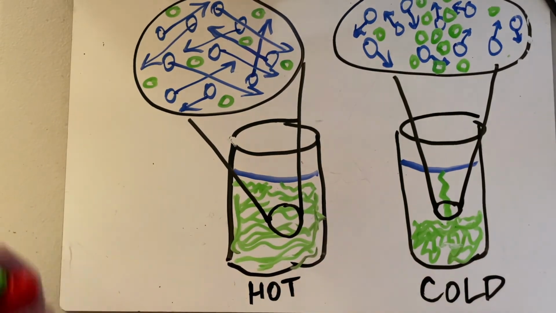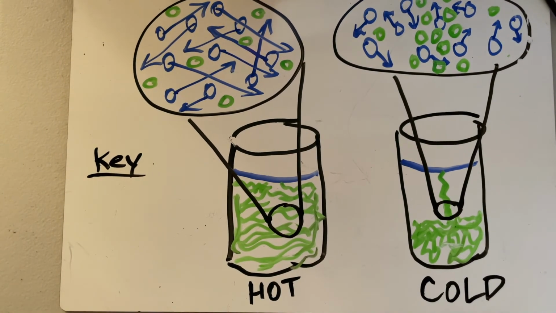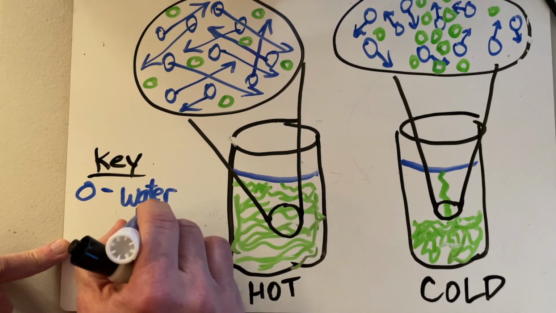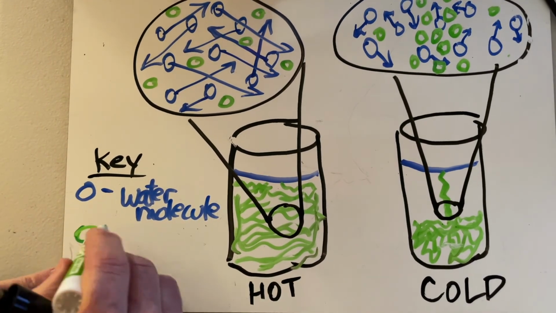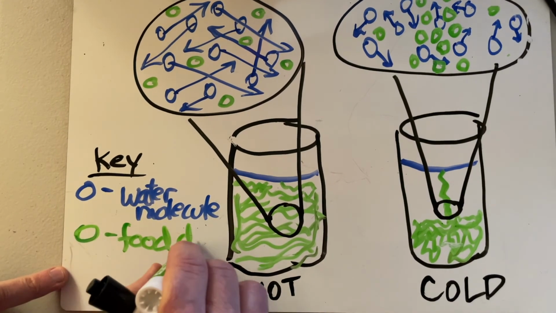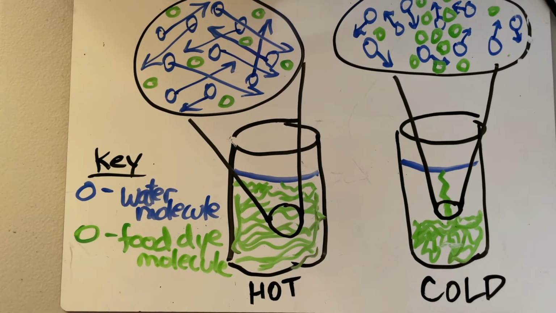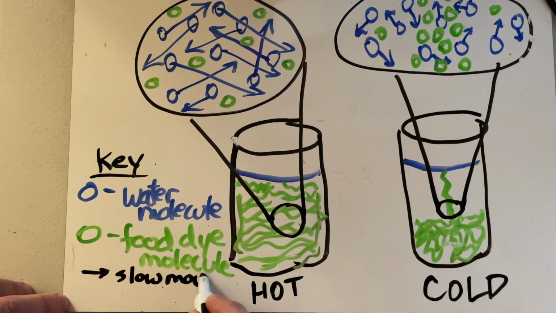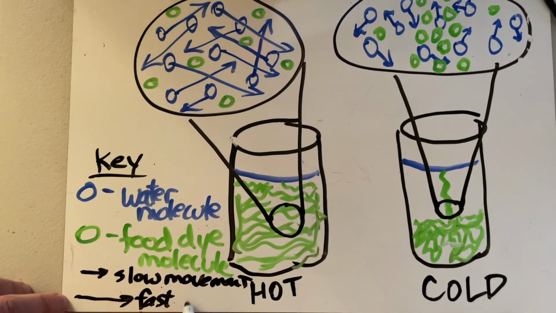So I'm going to say key: a blue circle is water molecule, green circle, food dye molecule, and for the arrows, slow movement and fast movement.